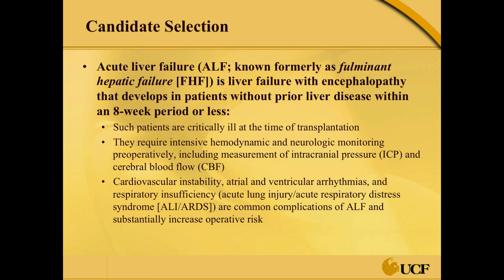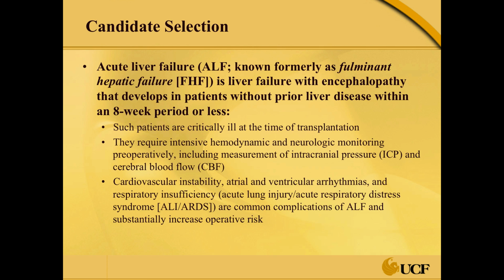Okay, acute liver failure or fulminant liver failure, which we've talked about, kind of interchangeable words there, is basically liver failure that develops with encephalopathy, and that's going to be one of the key things. That encephalopathy develops in patients without prior liver disease within an 8-week period or less.